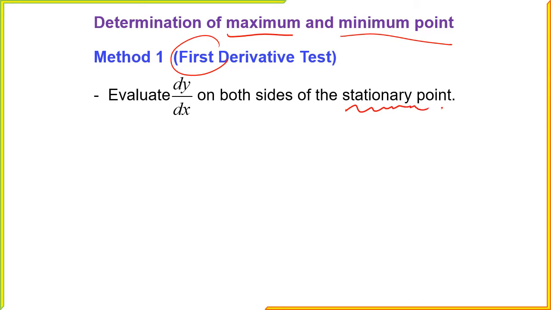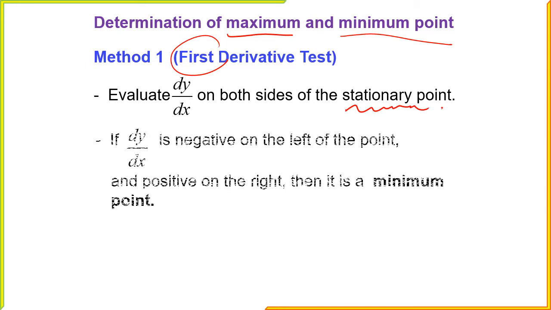Usually we use a table to evaluate the dy/dx. If dy/dx is negative on the left of the point and positive on the right of the point, then it is a minimum point. The gradient goes down and then goes up after the point. So this is our point, and it will be a minimum point.